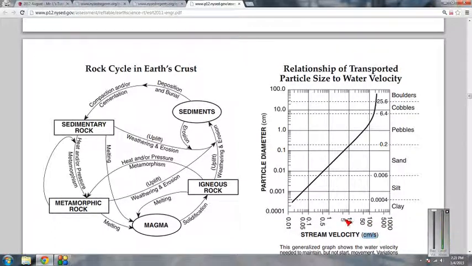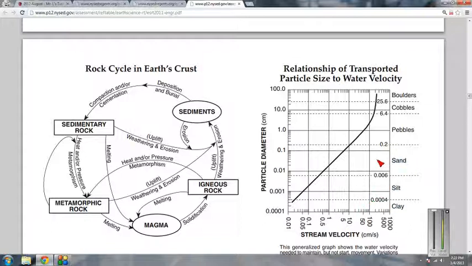We find that we're looking for 10. So we go to 10, and what we have to do with this chart is we follow our line up, and as we go up, we take it until we hit our solid black line, and then everything that is on this line, this dotted line right here, anything below it, it can move. So it can move clay, it can move silt, and it can move sand.